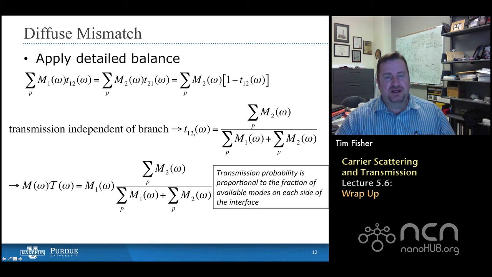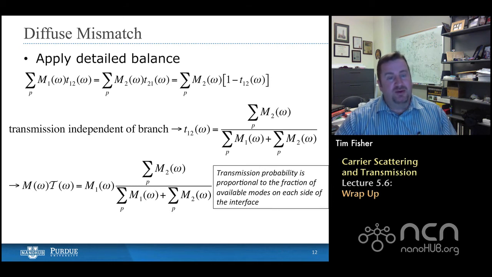That was that the transmissivity, that's T12, is equal to the ratio of the number of modes on the opposite side. So if I'm going from side 1 to side 2, that's the total number of modes at that frequency on the side 2, divided by the total number of modes on both sides. So it's sort of the fraction of modes on the other side. That gives us the transmissivity. And that, I think, makes some intuitive sense.